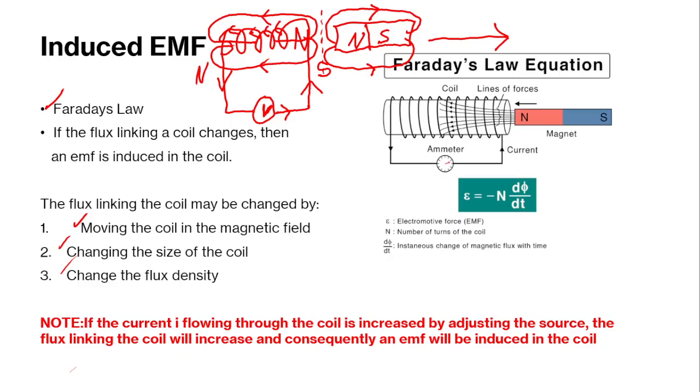So Lenz now comes and says the direction of this induced EMF will be in such a way that it will oppose the change that causes it. So that's Faraday's and Lenz's working together.